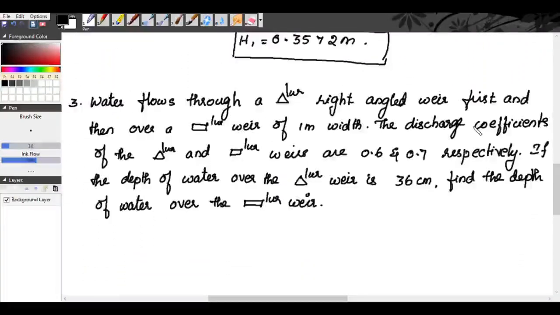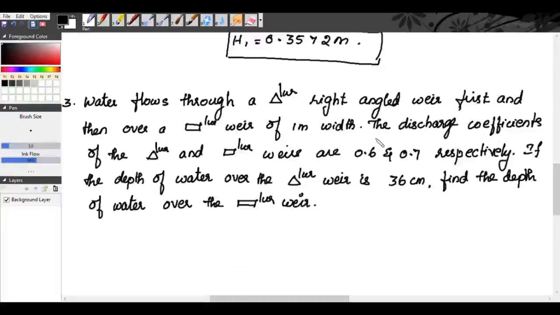Now we will move on to the next problem. Water flows through a triangular right-angled weir first. So first the water is flowing through a right-angled triangular weir and then over a rectangular weir. So here you have rectangular weir of width 1 meter.